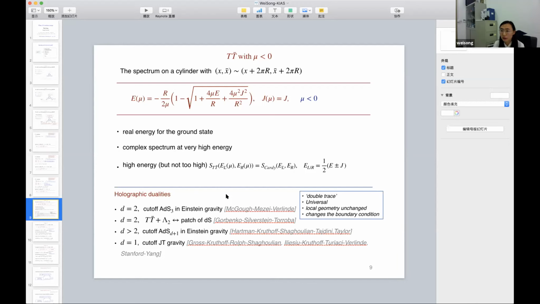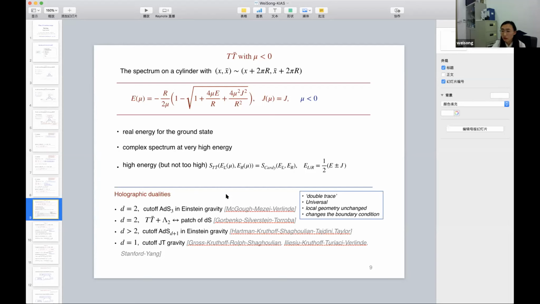No, it's not a fixed background. The metric is allowed to be anything except that it has to satisfy the Dirichlet boundary condition at the cutoff surface. Okay. So the gravity is non-dynamical on the cutoff surface. On the cutoff surface, yes. Oh, okay.